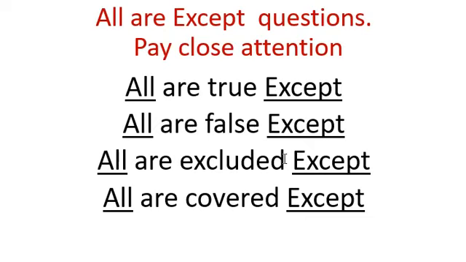I'm looking for the coverage that's not excluded, because sometimes you can have all four answers where it's not covered, but only three are excluded. So be careful with that one. If you know your exclusions, you'll be able to answer that question correctly.